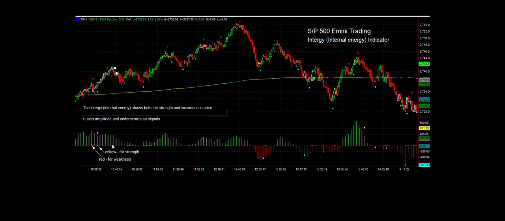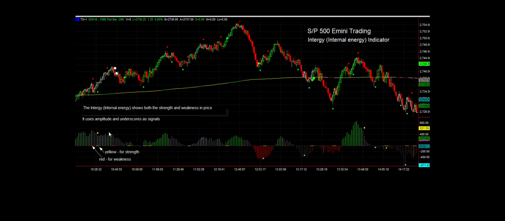But if it turns gray, that means price is getting weak, or sellers are coming in, or buyers are getting weak. But I just call it price is getting weak. And it's also coordinated with these little red and yellow underscores that signify those points as well.